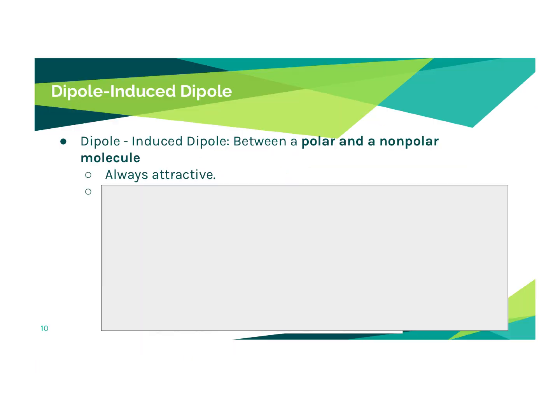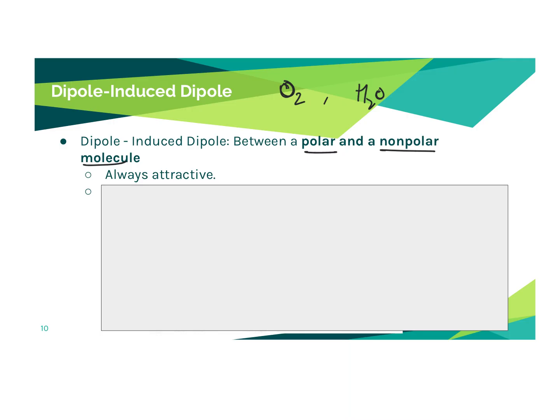The next IMF is dipole-induced dipole, and this is between a polar and a non-polar molecule. For example, O2 is a non-polar molecule because it's equal on each side. There's an oxygen on one side, oxygen on the other, and so they're equally pulling on each other. Then take something like H2O, which is polar. You have the oxygen, which is more electronegative. It's going to want those electrons.